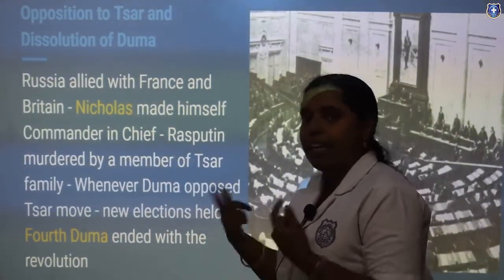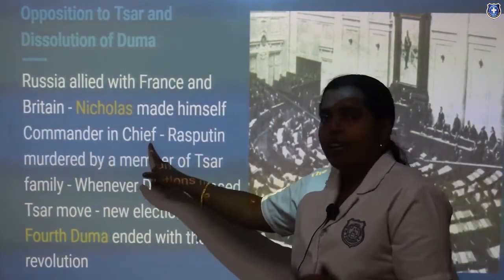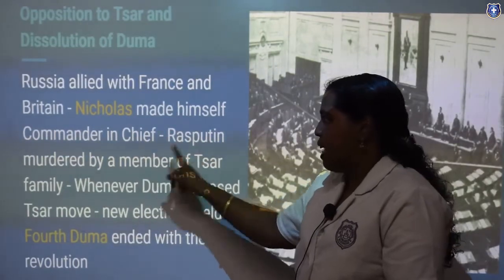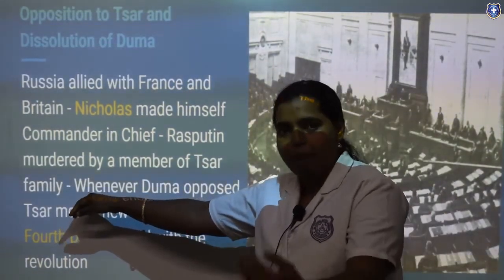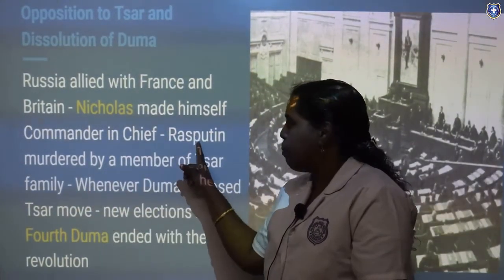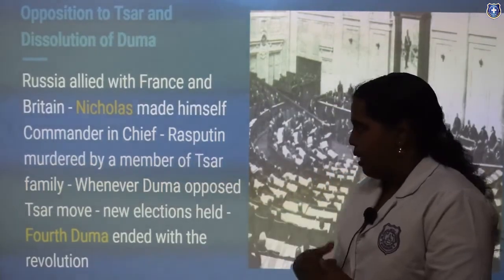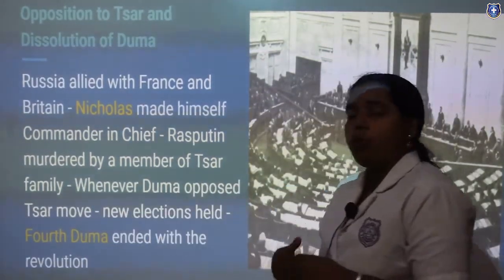Automatically he announced himself commander-in-chief, and Rasputin murdered a member of the Tsar's family. People from the revolutionary side, one of them called Rasputin, came and murdered a member of the Tsar's family.